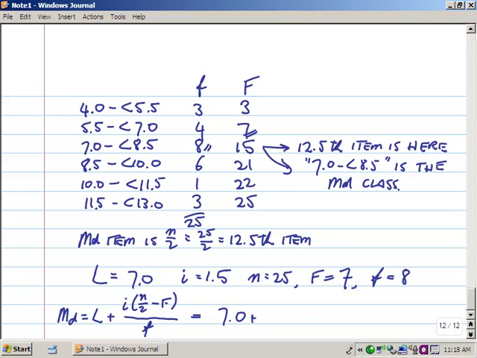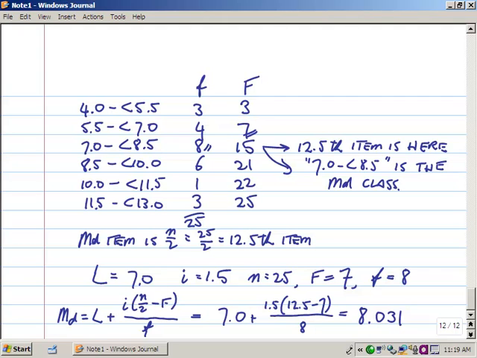So it's 7 plus 1.5 times, and we'll do the n on 2 in our head, 12.5 minus 7, divided by 8. And that boils down to 8.031 to 4 significant places, even though it's far too accurate given the amount of rounding off we're doing here.